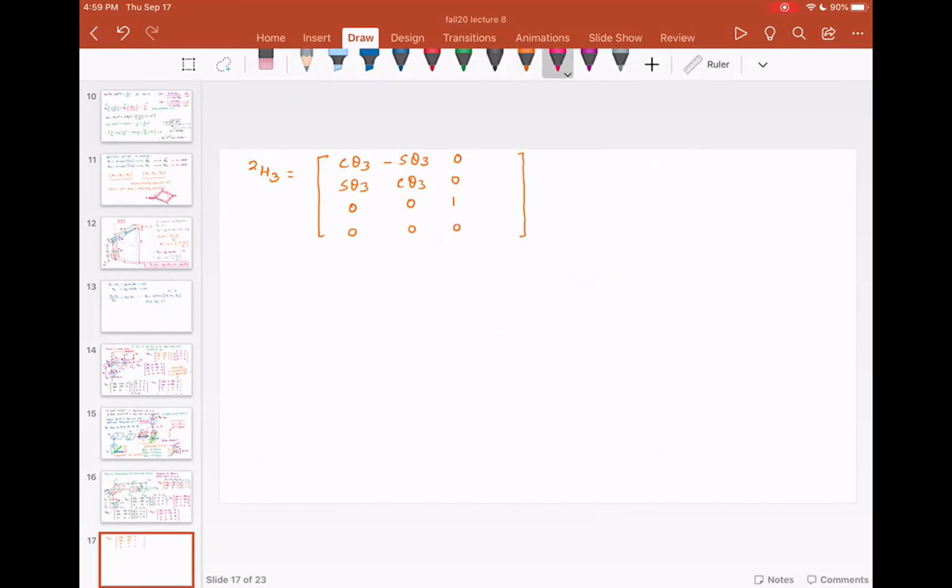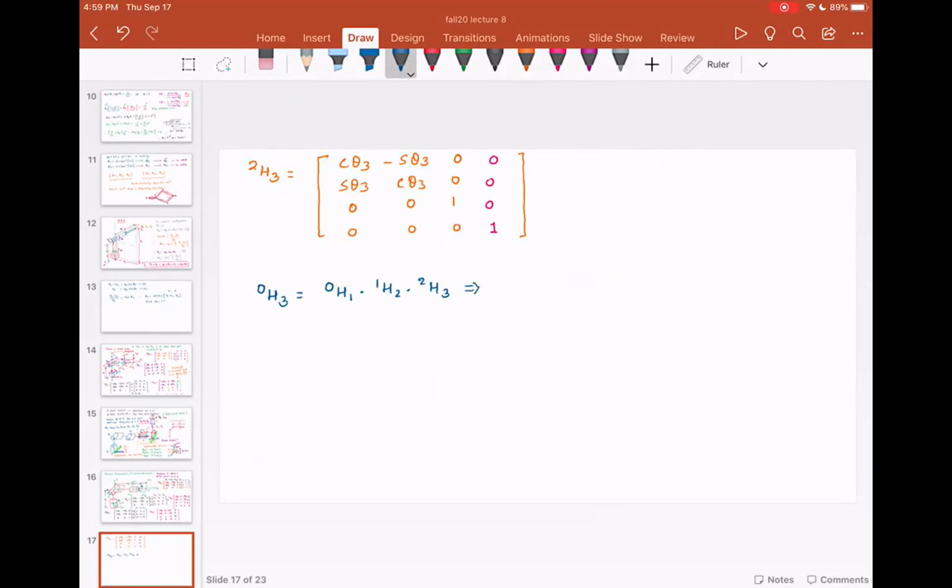But since it's a spherical wrist, I'm going to have 0, 0, 0, and I will have 1 over here. Everyone understood this? Finally, I'm interested in 0H3, which is 0H1, 1H2, and 2H3. And this multiplication, I would like to find out using MATLAB.